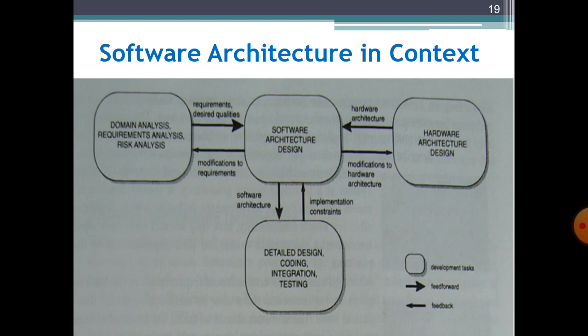And now after the software architecture and design gets two-way inputs from the domain and analysis phase to the design phase, it ultimately feeds its software architecture into the detailed design. And then from this detailed design we move towards the coding phase and so on to the testing phase. So this diagram is also self-explanatory.